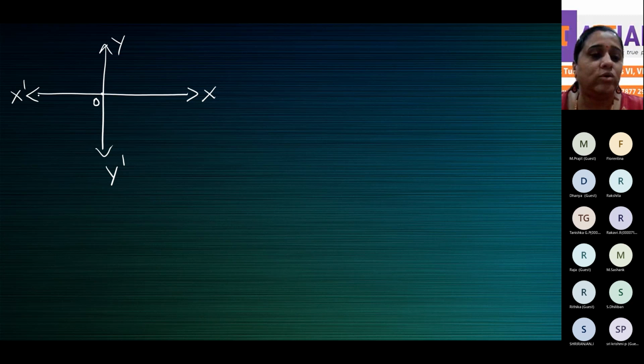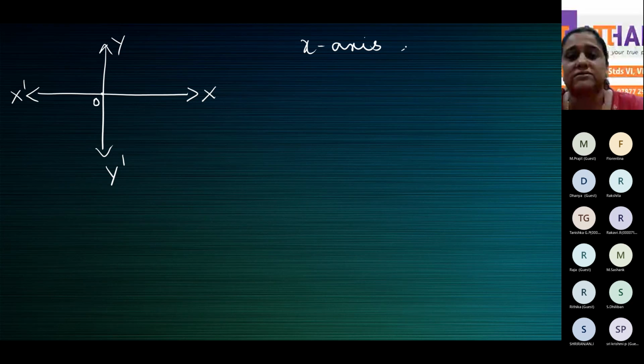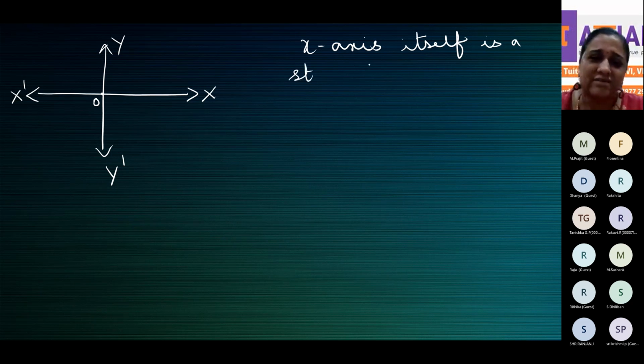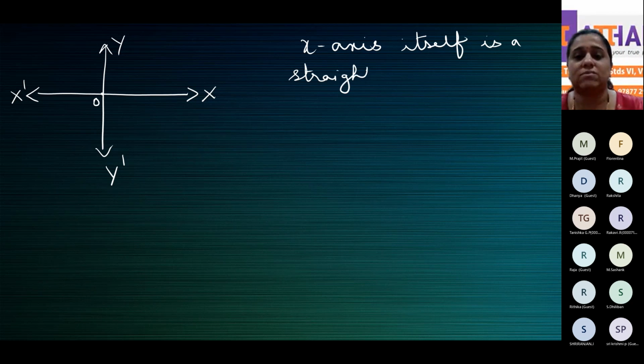Now we know that the x-axis itself is a straight line. You can just say the x-axis is a straight line. Sometimes we don't realize it.